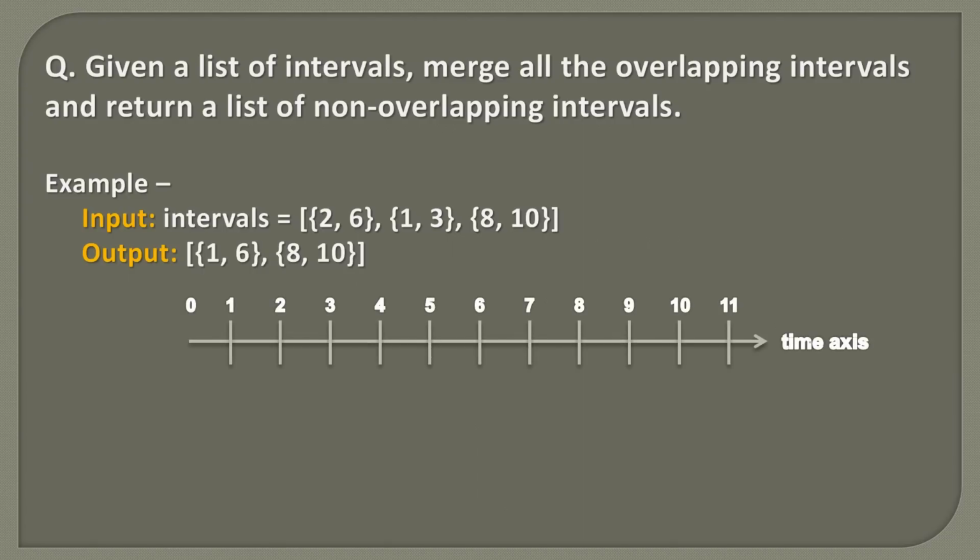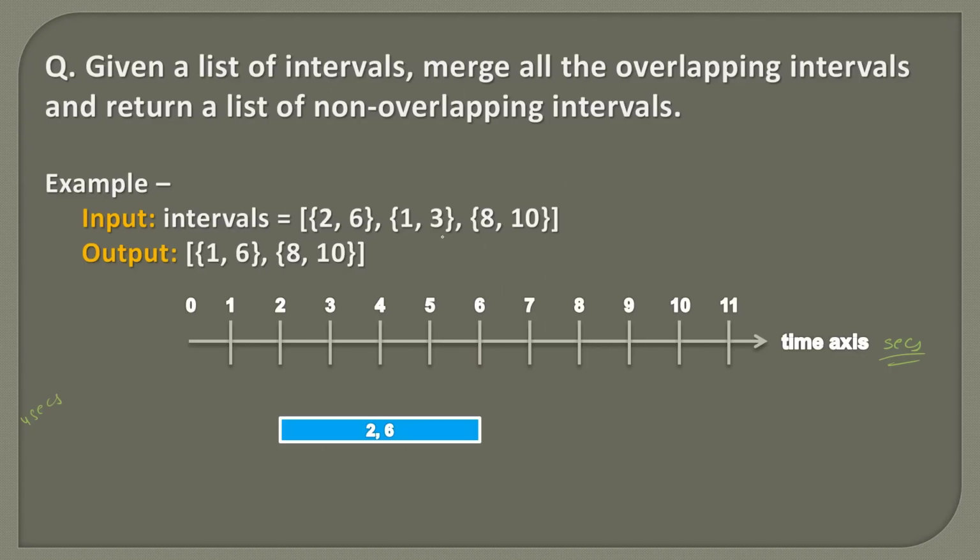Let's say we have this time axis and we have these intervals 2, 6, 1, 3 and 8, 10. We will plot these intervals on this time axis. First we will take 2, 6. The start is at 2 and the end is at 6. So this interval takes 4 units of time. Let's say the time axis is in seconds, so this will take 4 seconds.